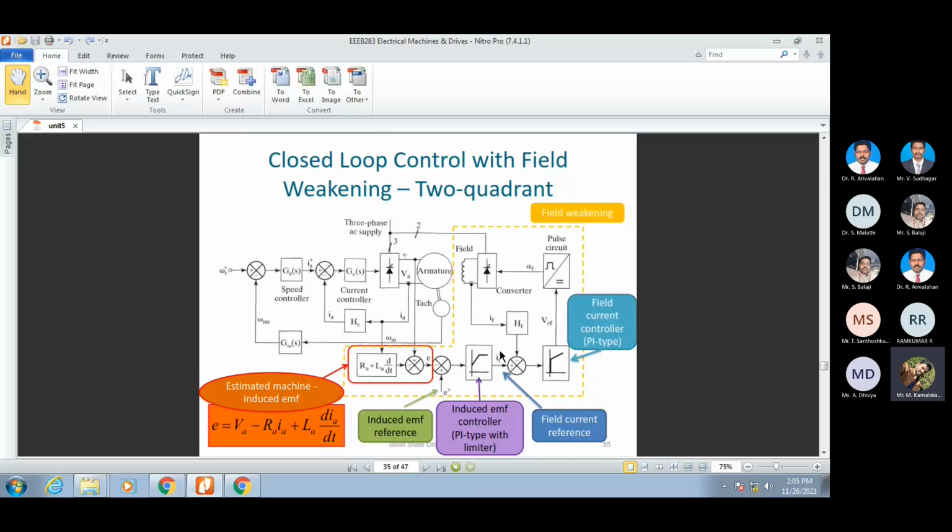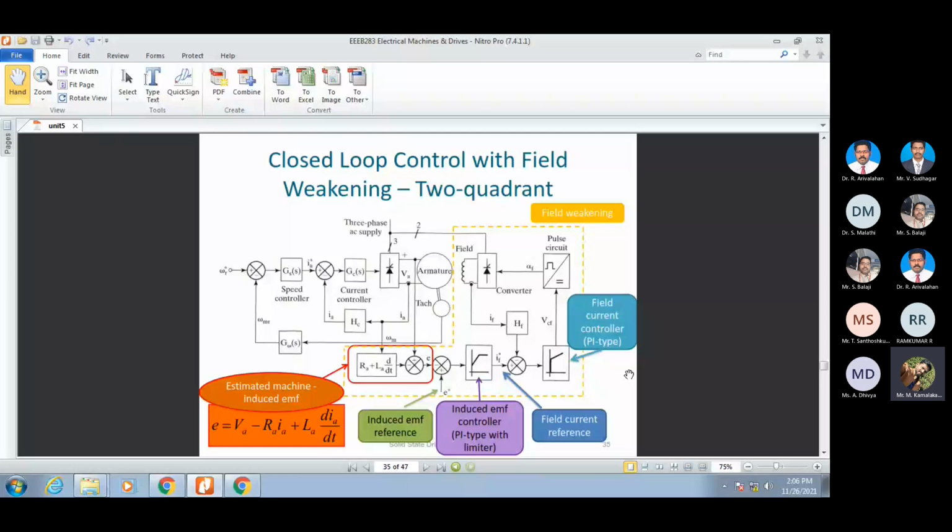So such reference field current is compared with the actual field current that is there. So with that, the overall firing angle is getting altered. So the required field current makes the required speed for which the application has to run. So this is how the field weakening control takes place, and the same sort of transfer functions are going to be applied for this field current controller as well as this induced EMF controller.